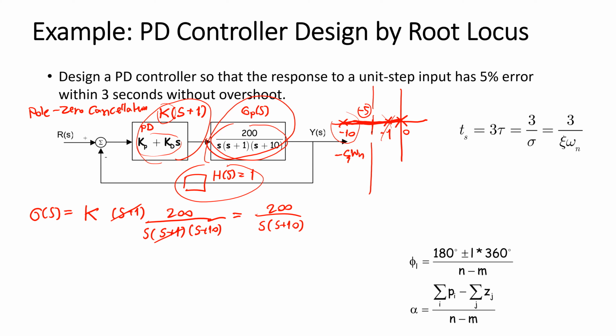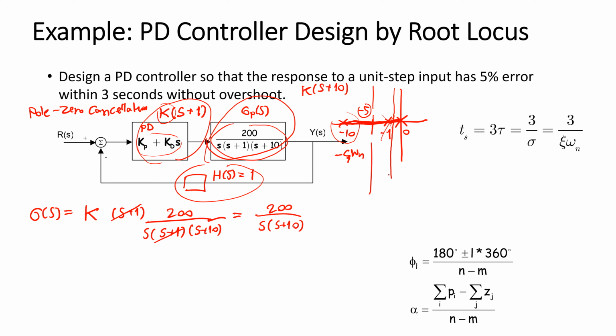But if I decide to cancel -10, if I use K s plus 10 and I cancel -10, the asymptote will be between -1 and 0, which means the system is going to be slow.